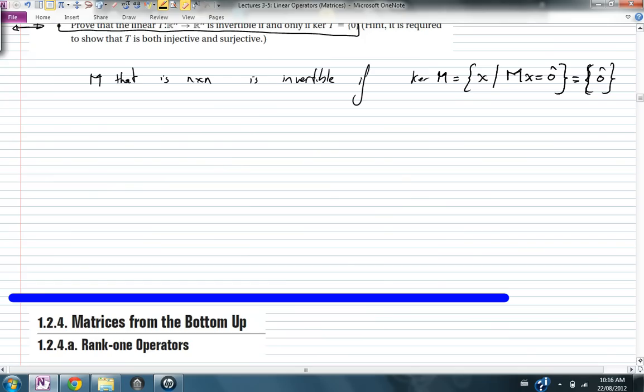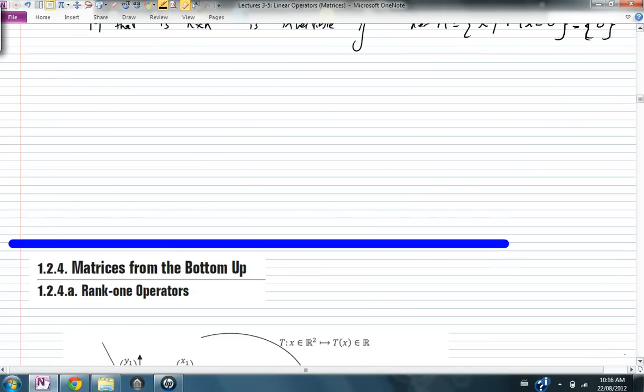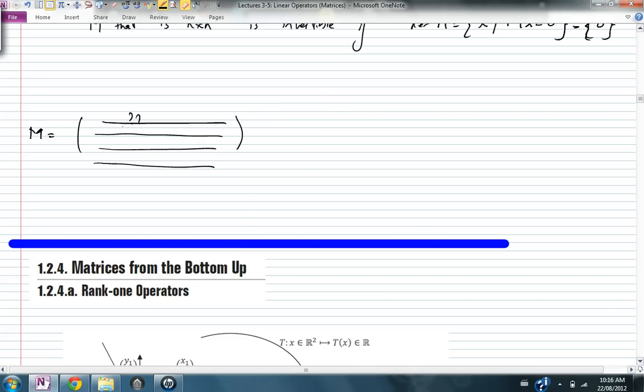So now we're going to introduce the matrices from the bottom up to talk about what the different rows in the matrix represent. Because a matrix is made out of different rows. What does each row mean?